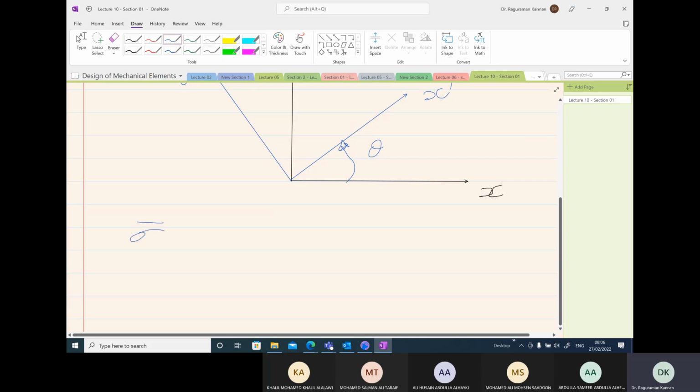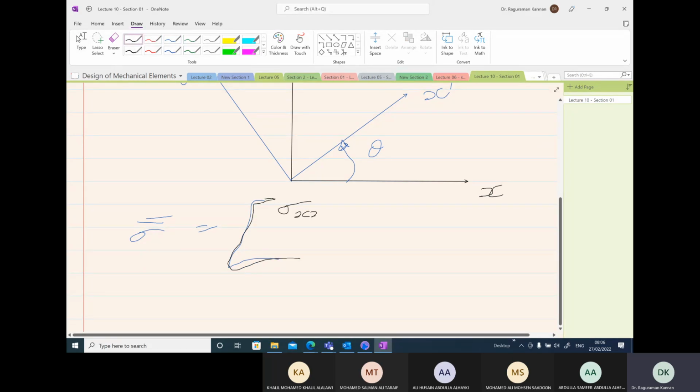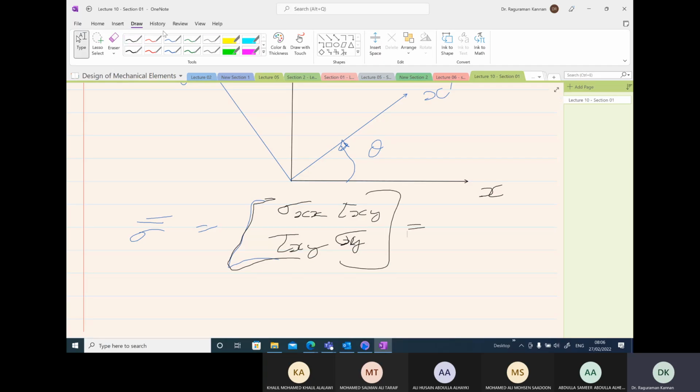So let's assume this is a 2D stress tensor. In the original axes, we have the components sigma xx, tau xy, and so on. But in the new axis system, we will have completely new components.